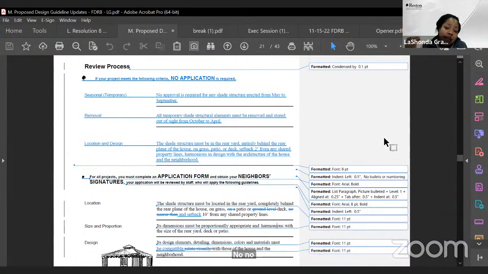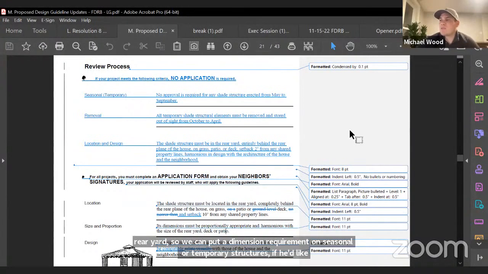No. We have a design guideline for it, and we have a review level for staff, but it didn't have a dimension. The size and appropriation says its dimensions must be appropriate and harmonious with the size of the rear yard. So we can put a dimension requirement on seasonal or temporary structures if you'd like.